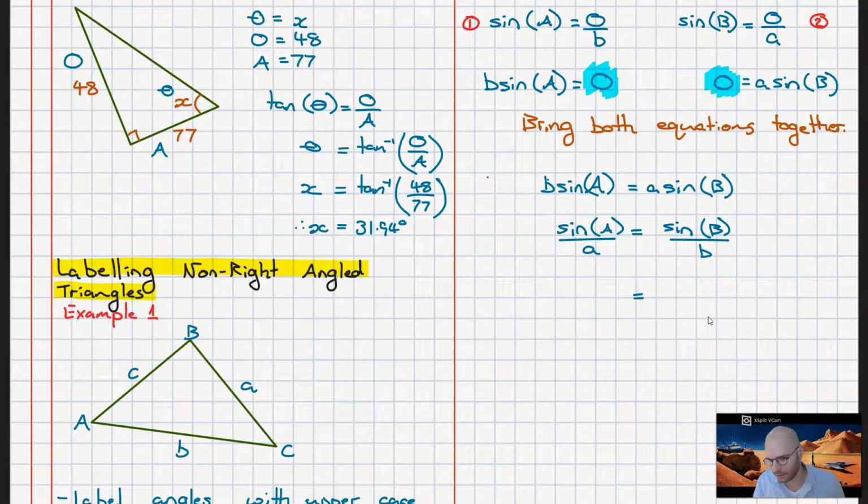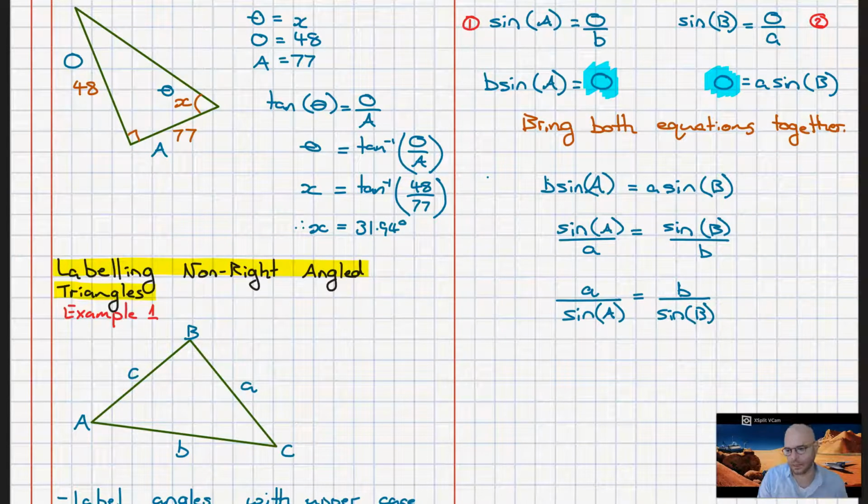And conversely, if sine A over a is equal to sine B over b, then a over sine A is also equal to b over sine B.